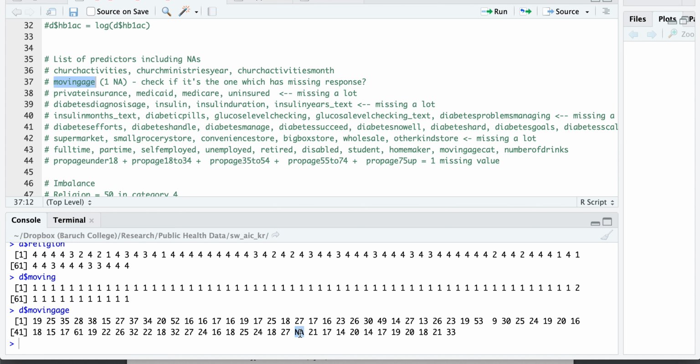Yeah, because only of this one. Maybe we can just... Well, now we know it's not the one which has a missing response. So we can impute it, which has its own problems, and it's a different story. But for now, let's ignore it because of the missing value.